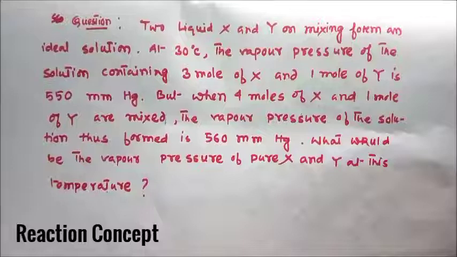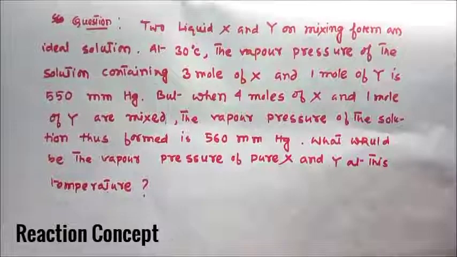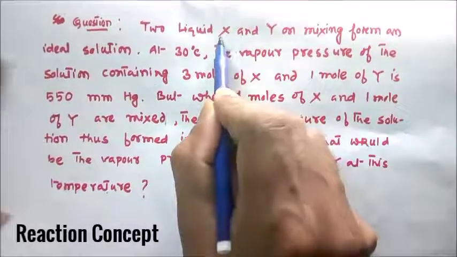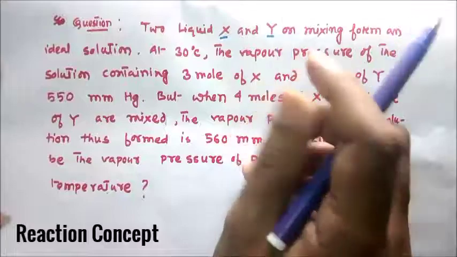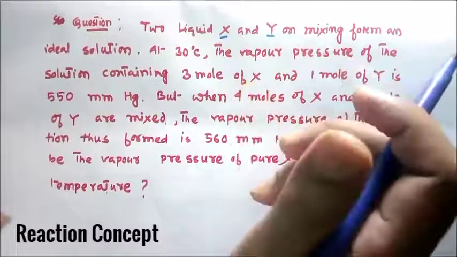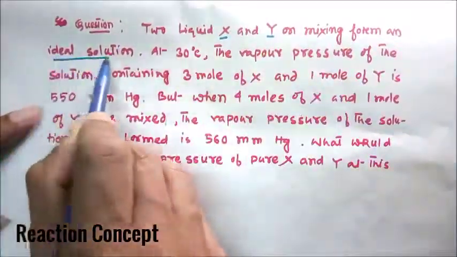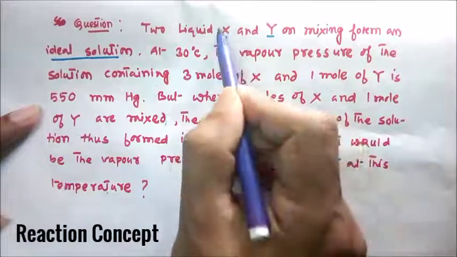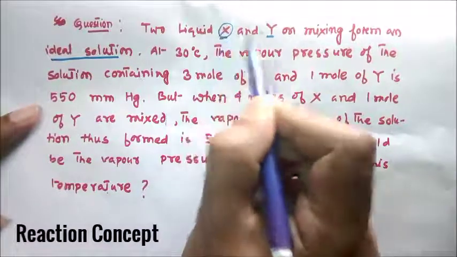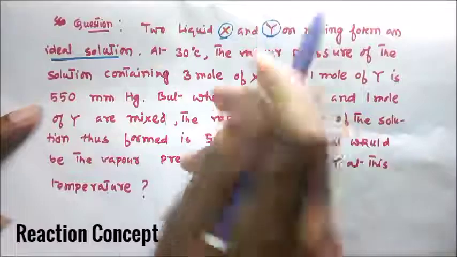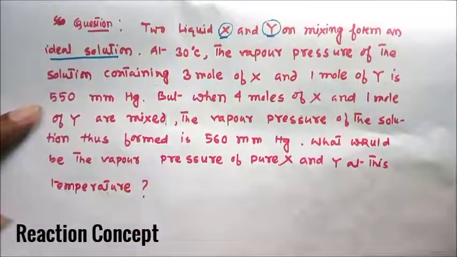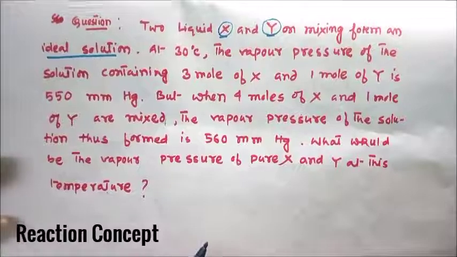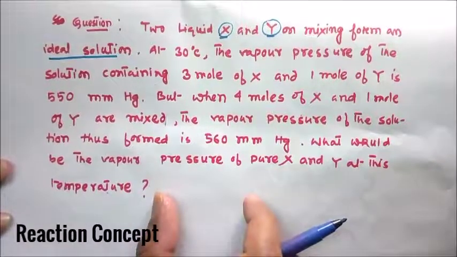So this is the first question here. In the question it says that there are two liquids, X and Y. On mixing these two liquids, they will form an ideal solution. It means that the mixture of these two will follow the Raoult's law. Two conditions are given in this question.